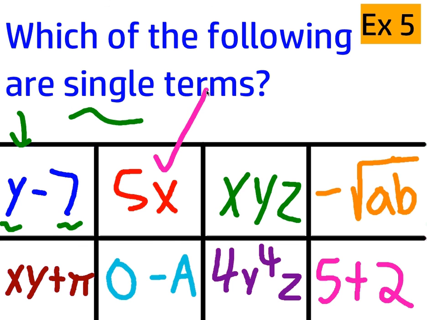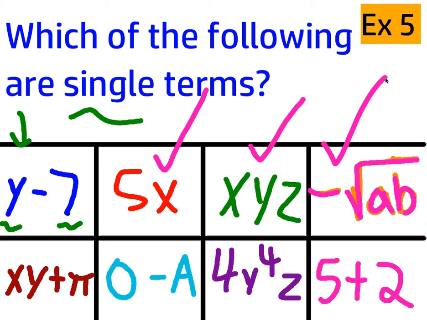That is, yes, a single term. Next one, also no plus or minus. It's x times y times z. Okay, next one's a little tricky. It's negative square root of ab. That's a negative sign, right? It's not addition or subtraction. It's just a negative term. Nothing's being added or subtracted, so therefore it's also a single term.